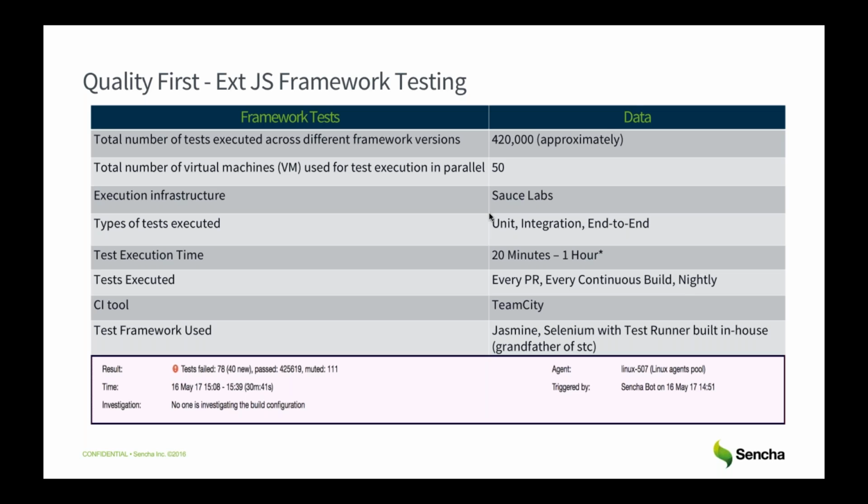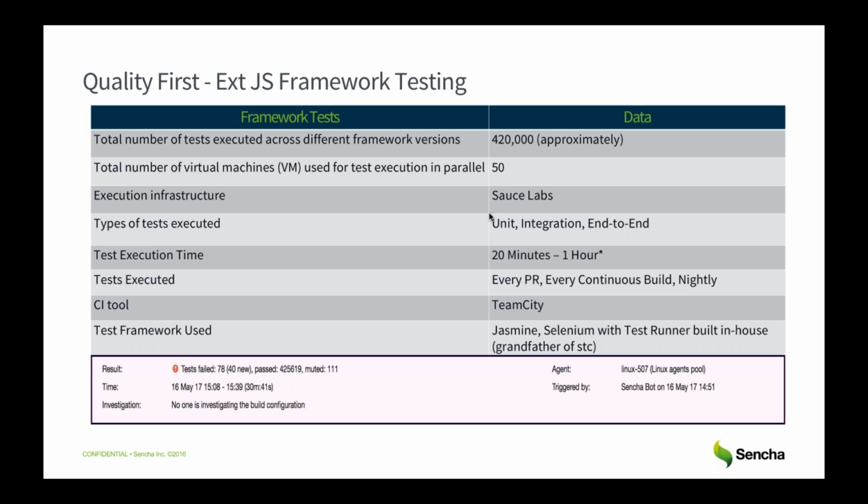At Sencha, we use the Jasmine framework. We write tests using the BDD syntax, and we use Selenium to execute the tests. We use a code coverage framework called Istanbul that is integrated, and we also have a custom in-built test runner that can invoke tests in multiple browsers.